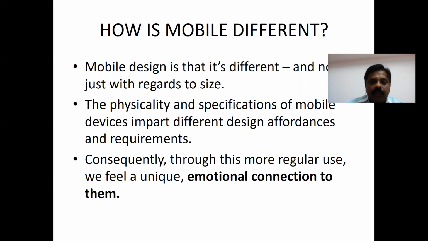How is mobile different? Mobile design is different, and not just with regard to size. The physicality and specifics of mobile devices impart different design affordances and requirements. Consequently, through this more regular use, we feel a unique emotional connection to them.